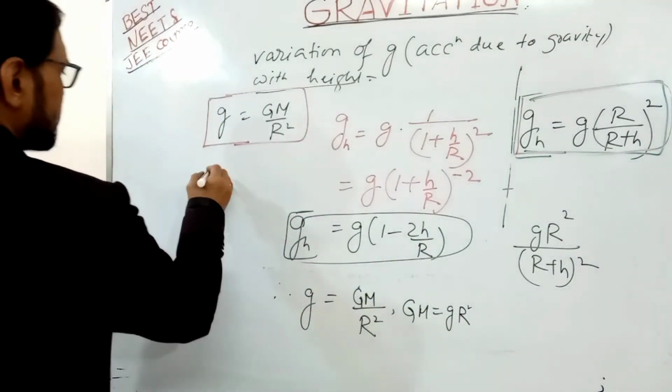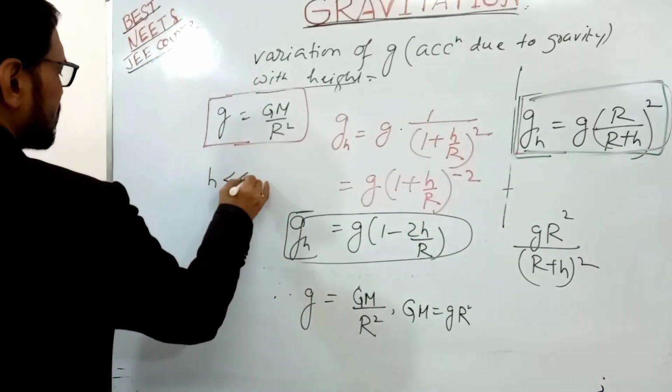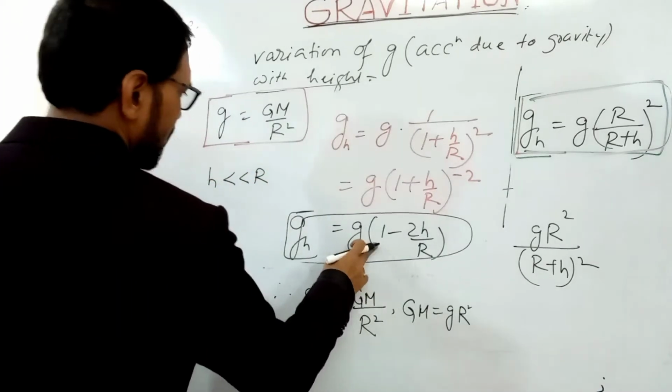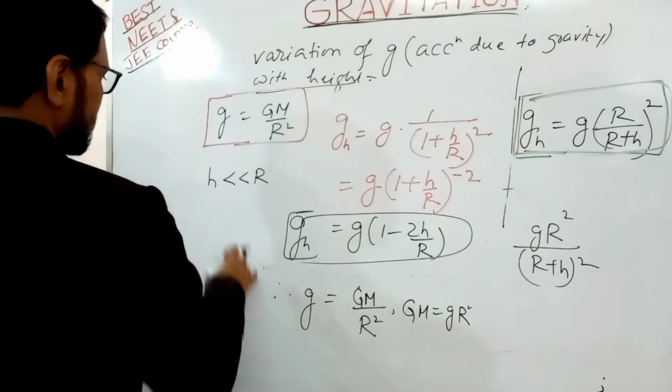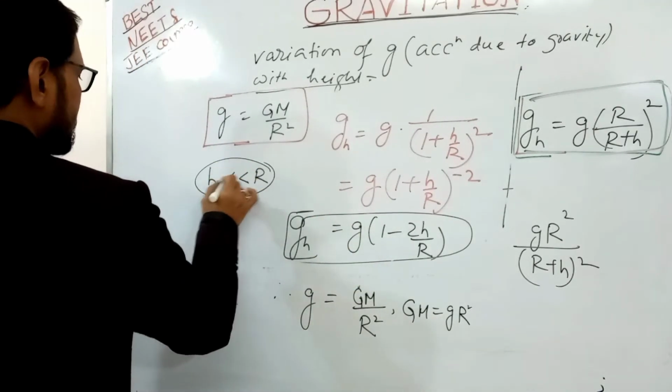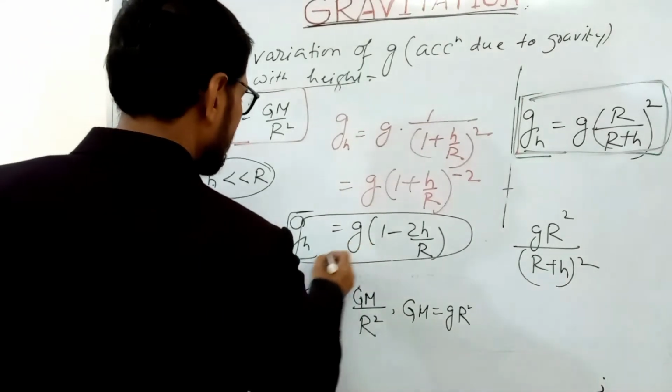If h is very small compared to r, h less than r, then we apply this formula. But generally it is not used. If the condition h less than r is given, then we can use this formula.